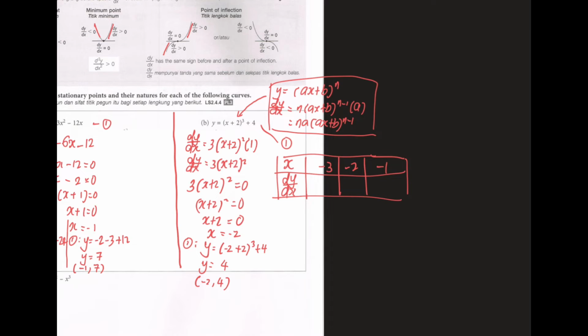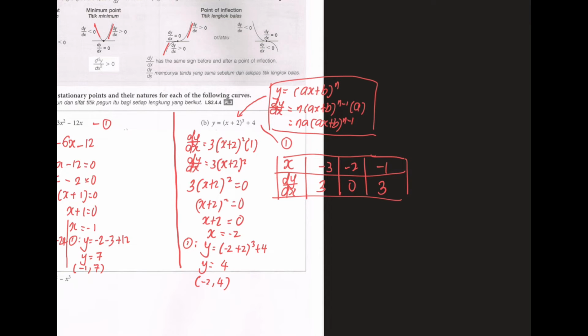Substitute with minus 3, so we get 3. Substitute with minus 2, of course we get 0. Substitute with minus 1, we get 3 again.